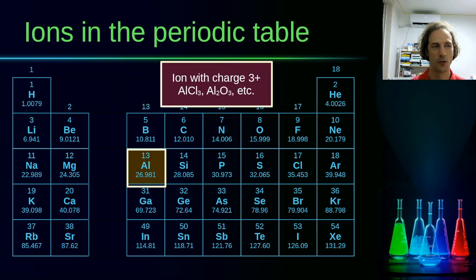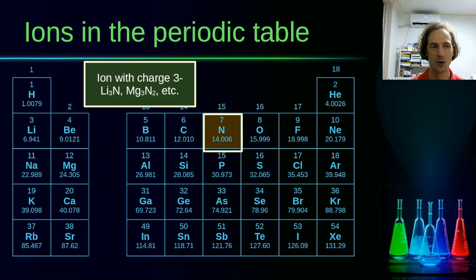And in group 13 we have aluminium, which will form ionic compounds with the charge 3+. Let's skip group 14 and go straight to group 15, where we find nitrogen, which will form the 3- nitride ion in ionic compounds. It is not the most abundant ion ever, but it exists.